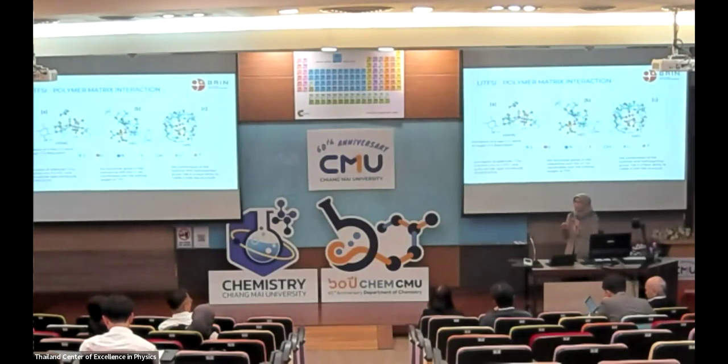So this makes it easier for pairing between TFSI and Li here. So this is quite understandable. That's why the conductivity of the HBC is lower than the two other polymers.